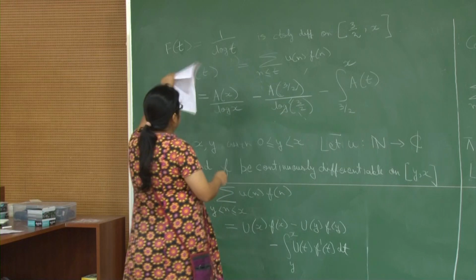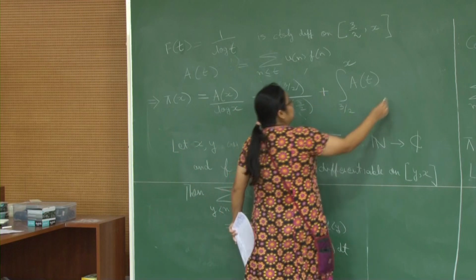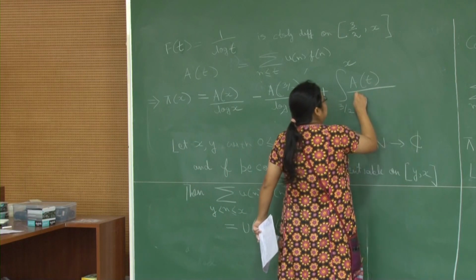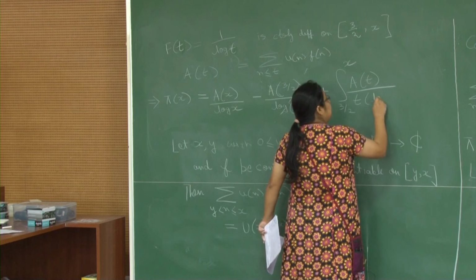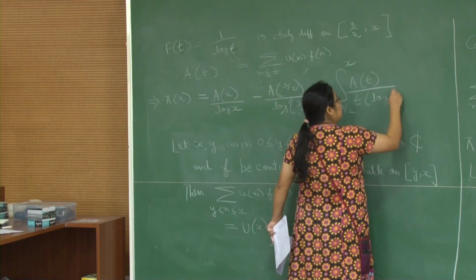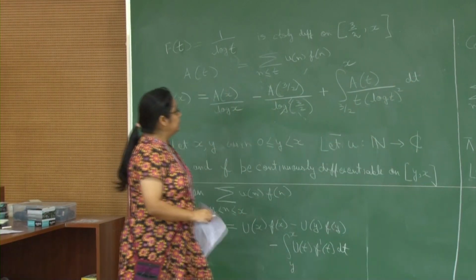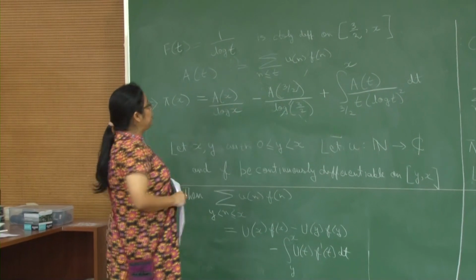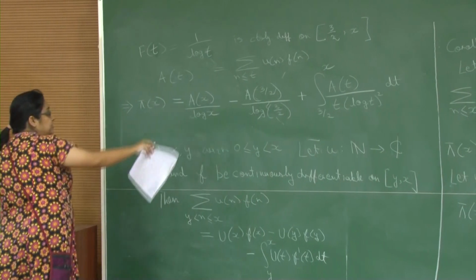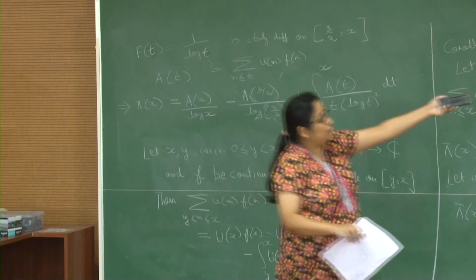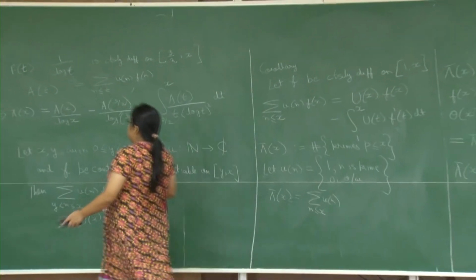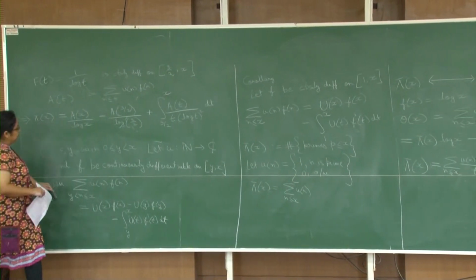So, what do you end up getting? Plus 1 over t (log t) whole square dt. But then your capital A of t is just your original theta function, right?